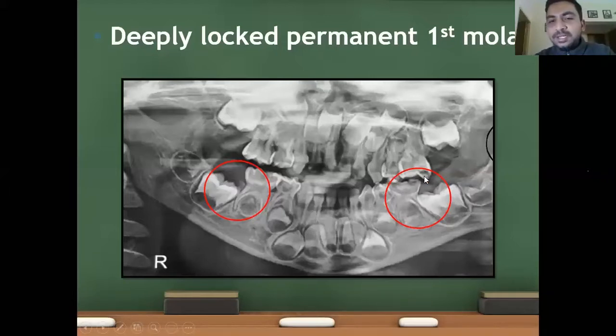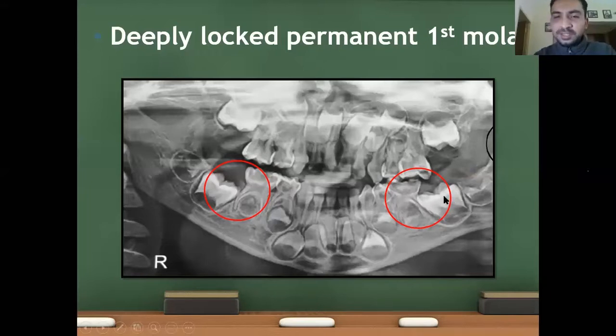And if detected early, what a dentist can do is remove this part of the second deciduous molar, which is known as slicing or proximal stripping of the distal bulge of the second deciduous molar. And once that is done, the first permanent molar would erupt uneventfully. But if this is not done early in life, then this first permanent molar could be impacted.